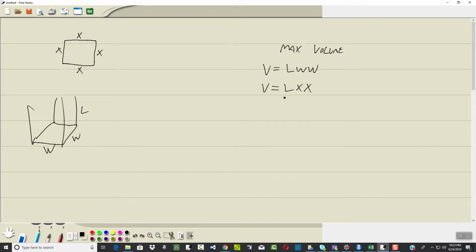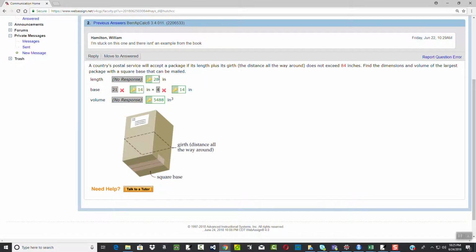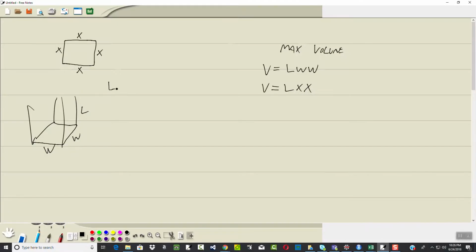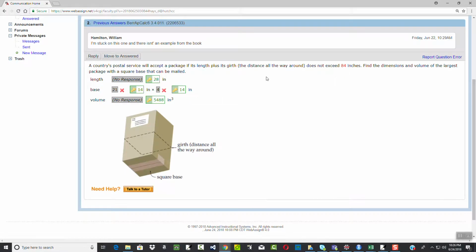Problem is the L. Sorry. So let's think this through. Find dimensions. The package is accepted if its length plus its girth, the distance all the way around, is at most 84 inches. So length plus the distance all the way around, which is 4x, does not exceed 84 inches.